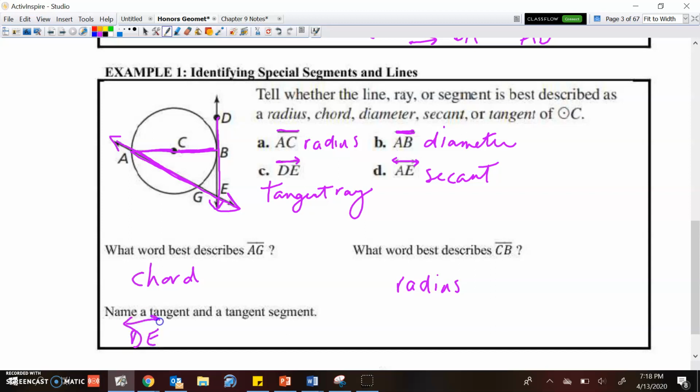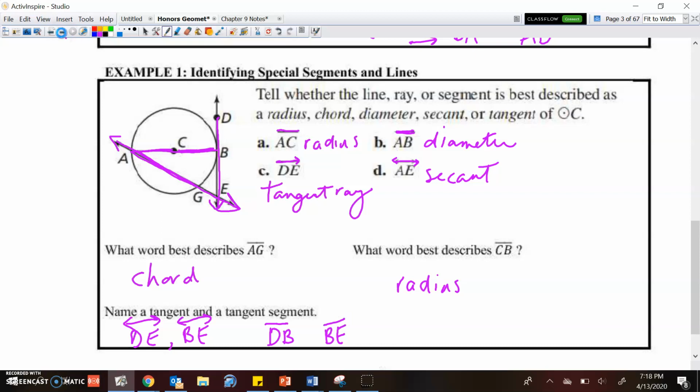I know that's the one they said above. We also could have said BE, and make sure we put a line above it if we're calling it a tangent. And then a tangent segment we could say is DB or BD. We can say BE or EB. Those are tangent segments. Okay?